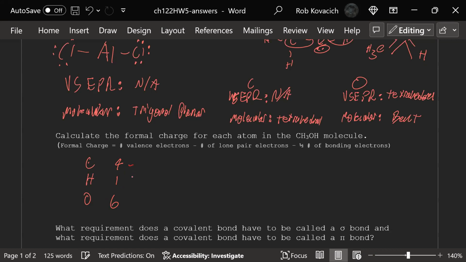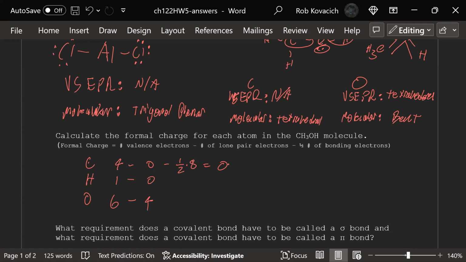So I'm going to subtract off lone pairs, and so that's a 0 on the carbon, a 0 on the hydrogen, and a 4 on the oxygen. Then I'm going to subtract off 1/2 the bonding electrons, and so the carbon has 8 bonding electrons because it's connected to 4 different things, and that gives me a 0. So 4 minus 0 minus 4 is 0.